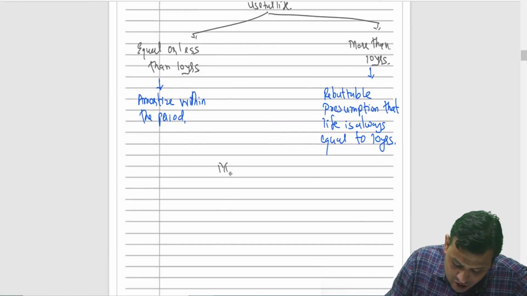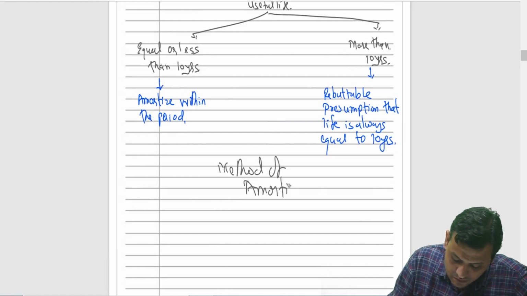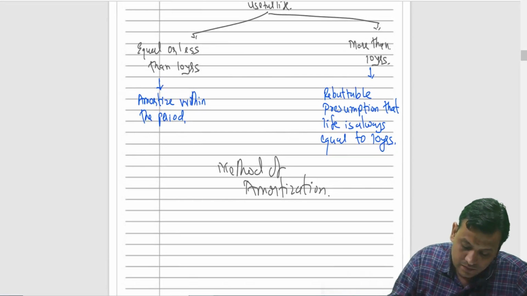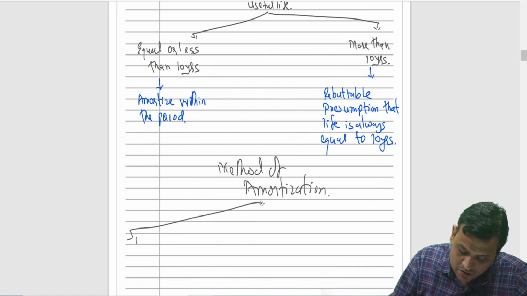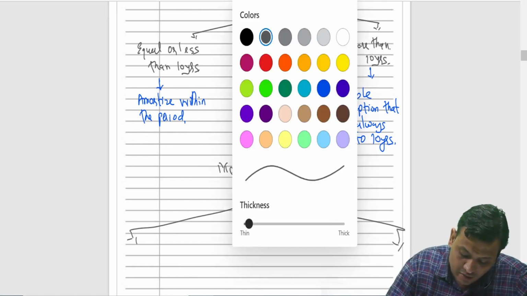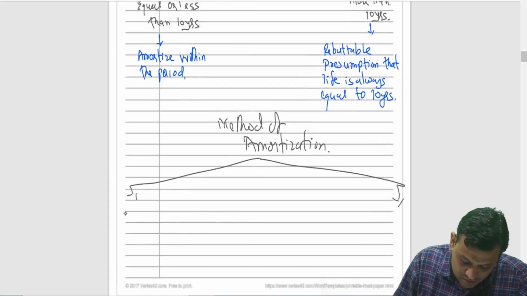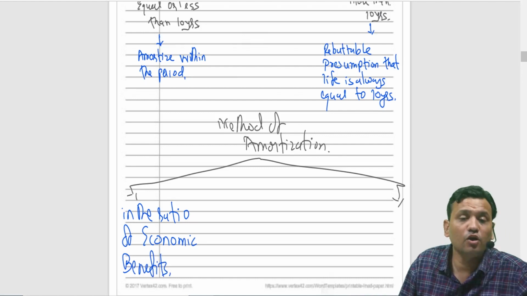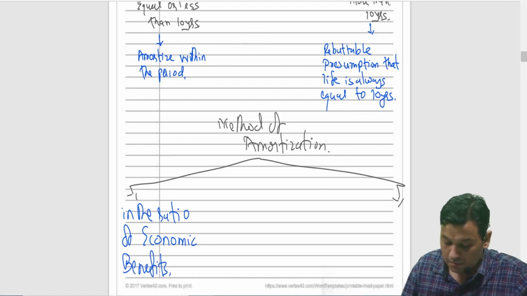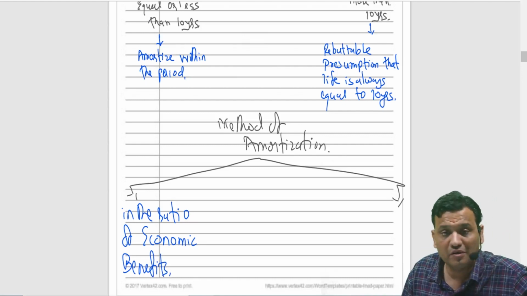And thereafter, what is the method of amortization? The last area. What is the method of amortization I can use? The standard says you can use, first, a method based on economic benefit, in the ratio of economic benefits.